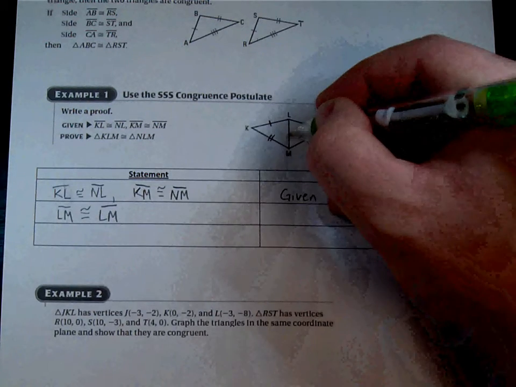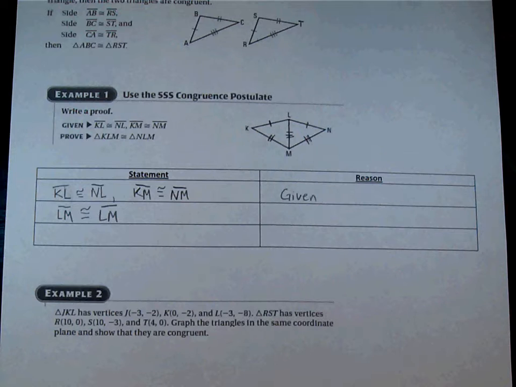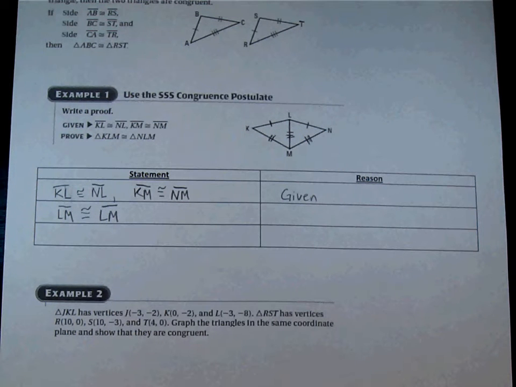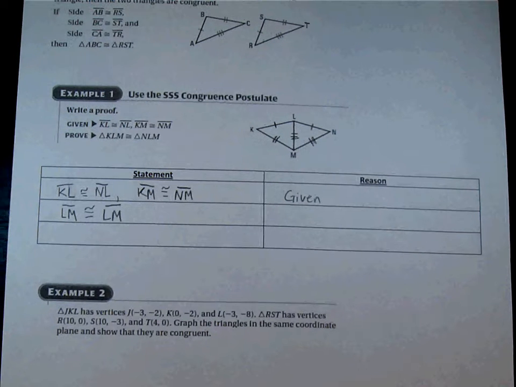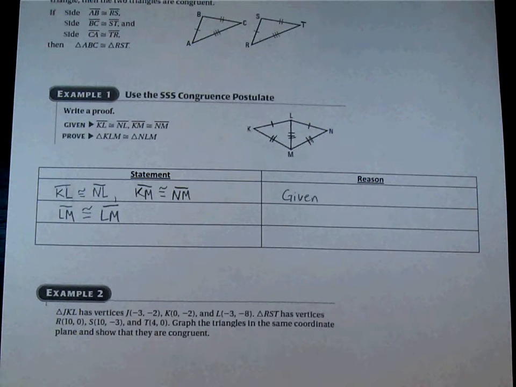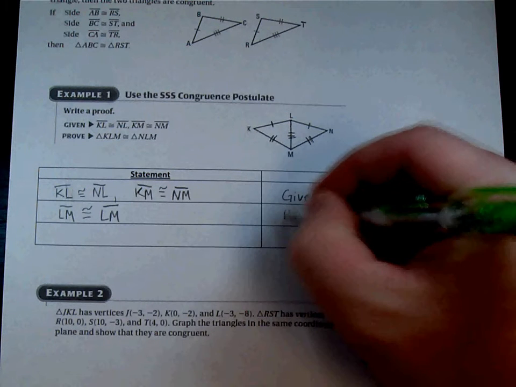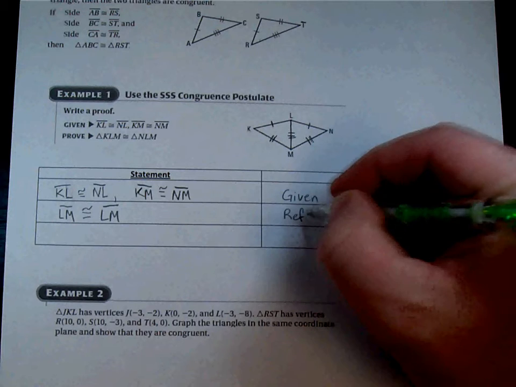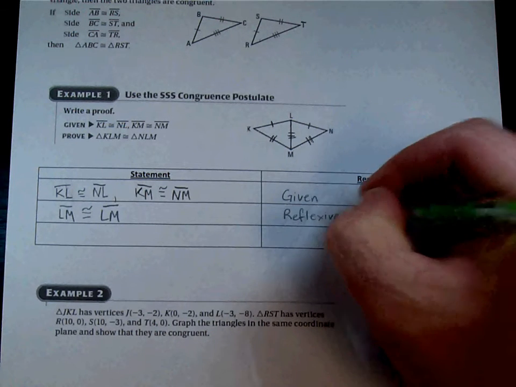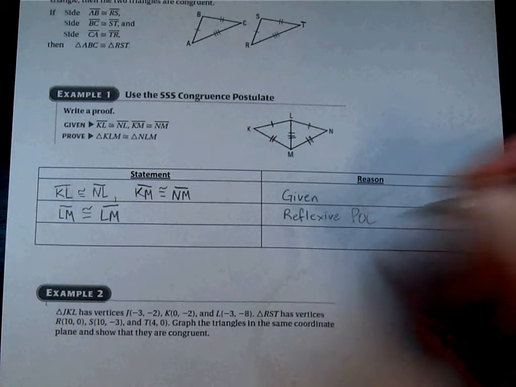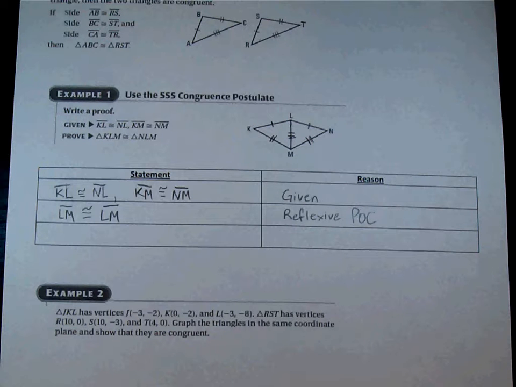If you want to put a triple dash on there, you can. But what's the reason? That was a property from early on. We've rarely used it since we had it, but that's the reflexive property of congruence. If something is congruent to itself.